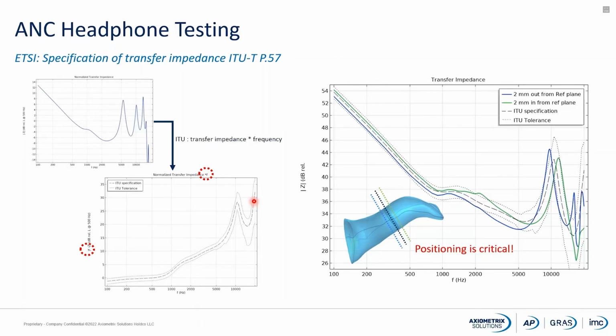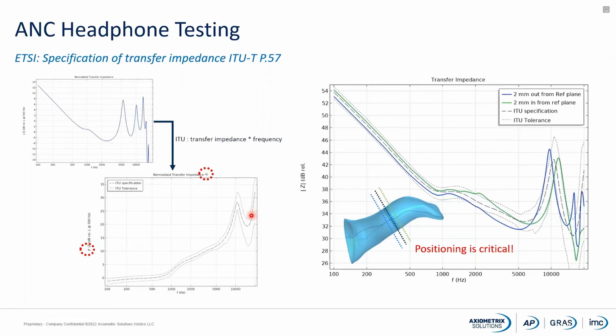Sometimes we can be worrying too much about which type of artificial ear I'm going to use. It's going to be a 4.4, a 3.3, a 4.3.